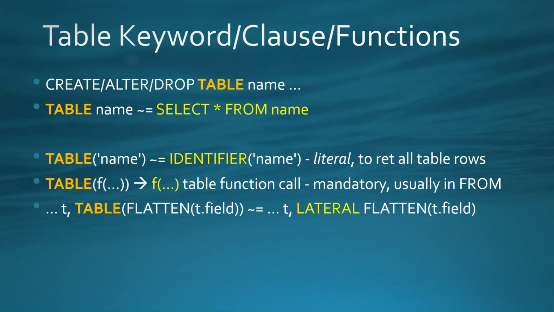If you have a table function, you call it usually in the from clause, and it's mandatory to wrap it also into a table call. I know it's confusing, and this might be redundant. We could get rid of it at the logical level, and this should work. We shouldn't have this here, but for whatever reason, Snowflake decided to keep it.